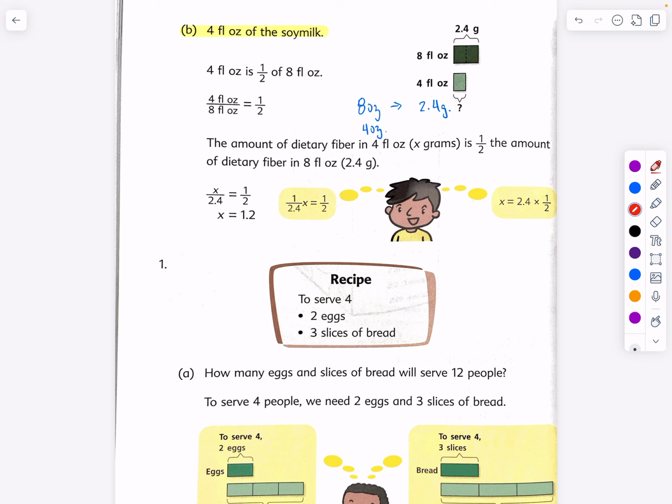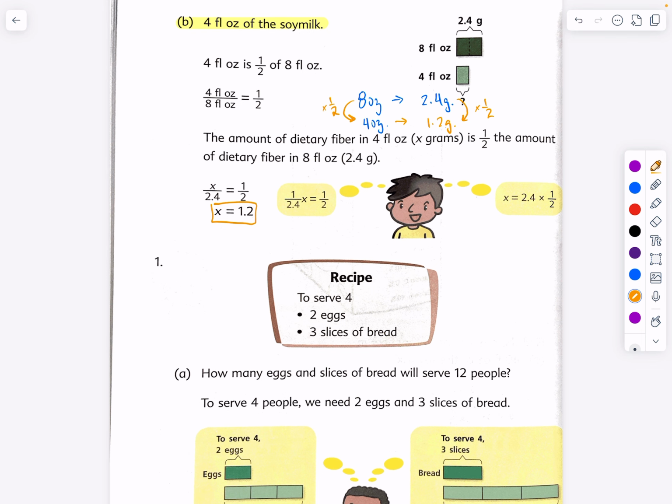I hope you notice that we halved the quantity, times 1/2. What we do to the left side of the proportion, we must do to the right. It makes common sense that you will be consuming less milk, less fiber. And 2.4 times 1/2, or 2.4 divided by 2, gives you 1.2 grams of fiber.